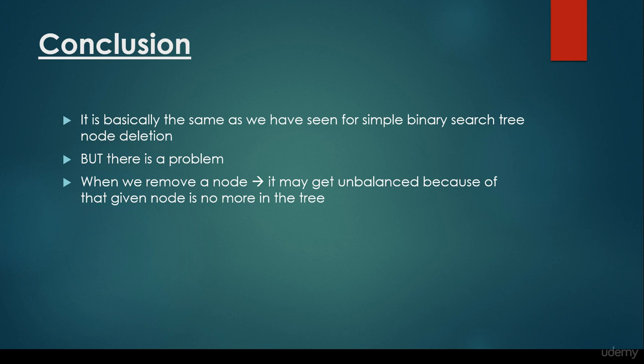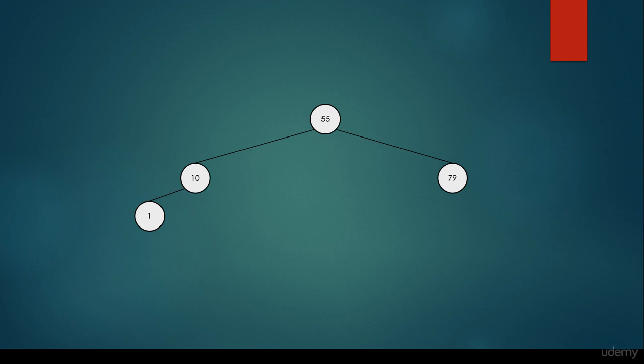So the conclusion is that it is basically the same as we have seen for simple binary search tree node deletion. But it's very important that there is a problem. When we remove a node from the AVL tree, it may become unbalanced because that given node is no longer in the tree-like structure. Let's consider this situation. We have the root node 55 and we would like to get rid of 79.